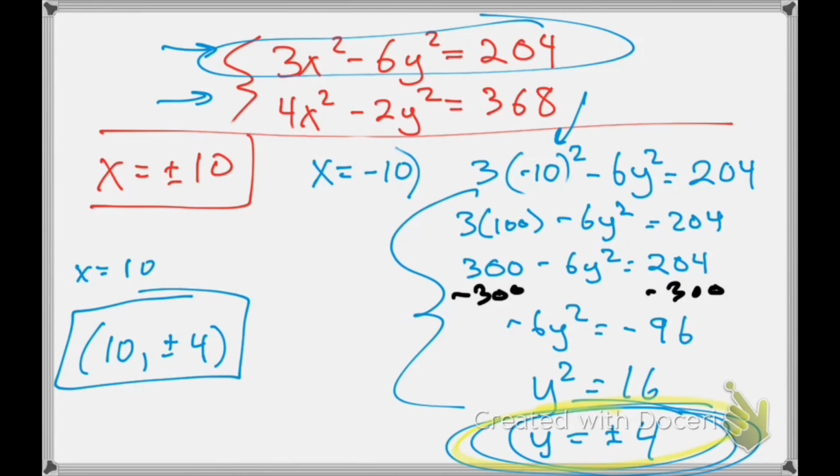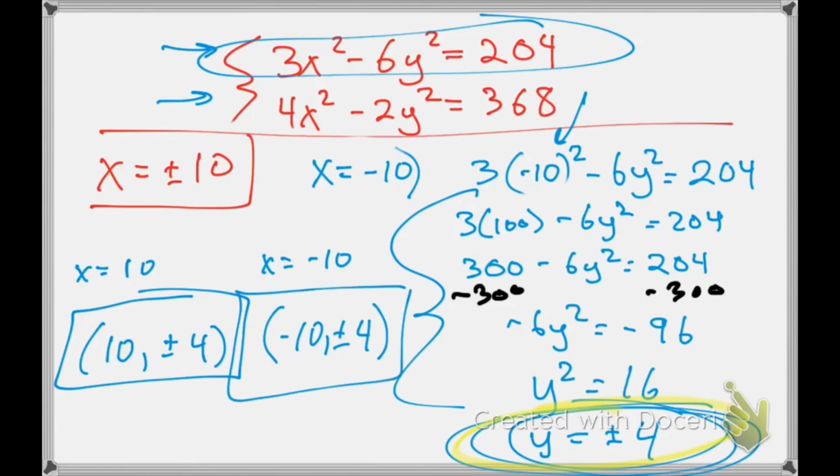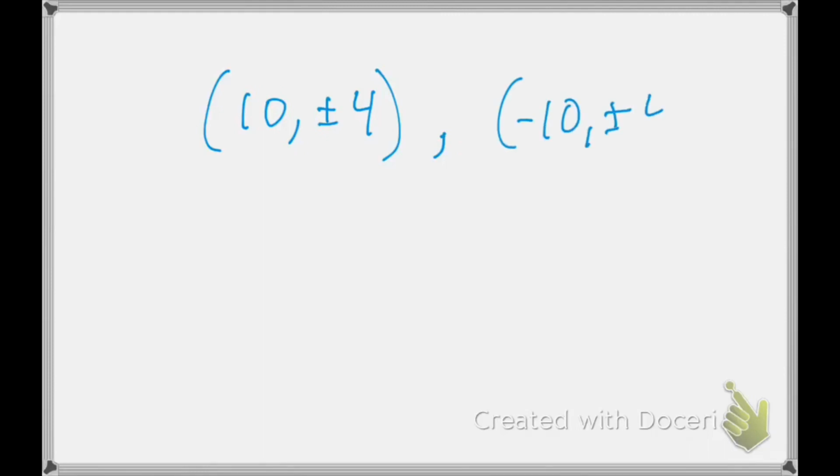So when x is equal to negative 10, I get negative 10 as my x coordinate, but I still get plus or minus 4 for the y coordinate. And so this will be your final answer: (10, plus or minus 4), (negative 10, plus or minus 4).